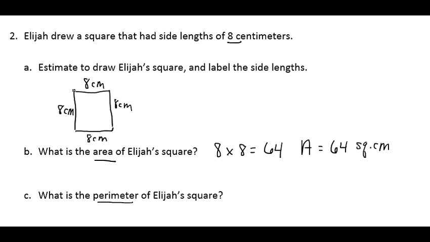The perimeter of the square would be found by adding all 4 sides. 8 plus 8 plus 8 plus 8. We could also look at that as 4 times 8, or 32. So the perimeter of the square is 32 centimeters, and that just tells us the length around the square.